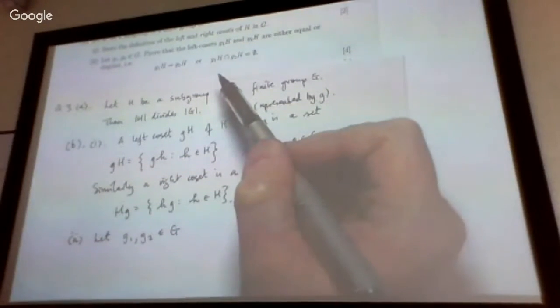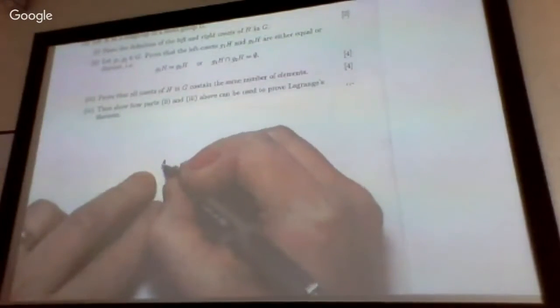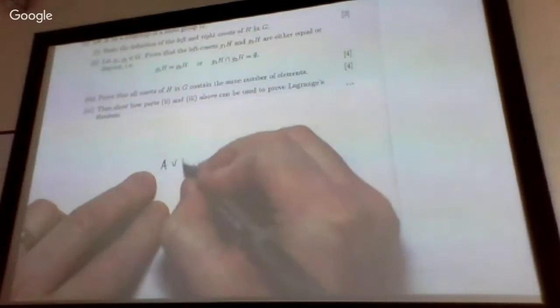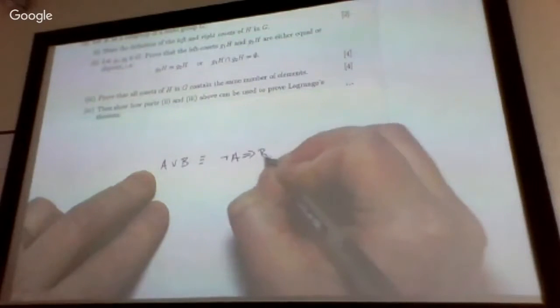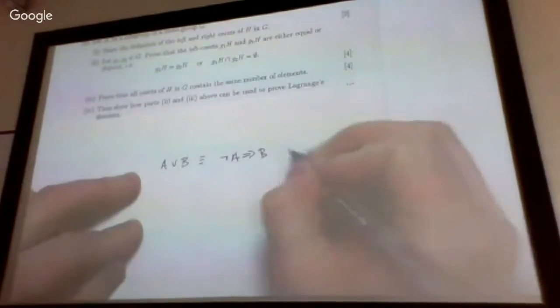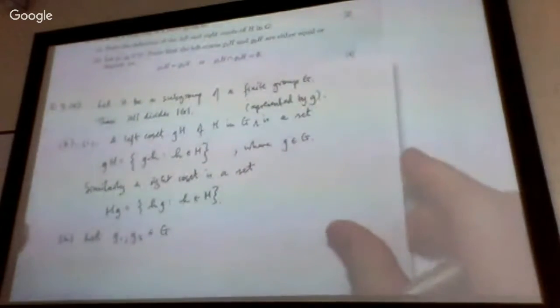You effectively give yourself the assumption p does not divide a, and show that implies p divides b. In first year logic, it came down to the definition of A or B as not A implies B. So that's what we do here.